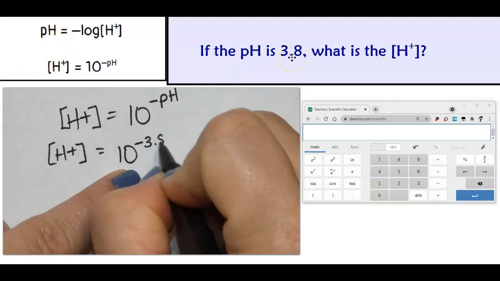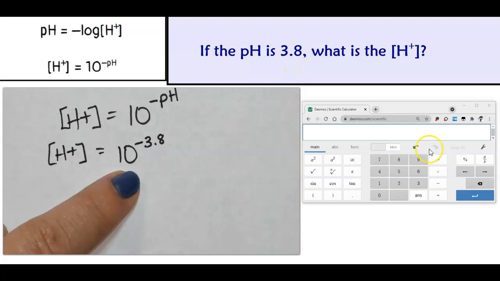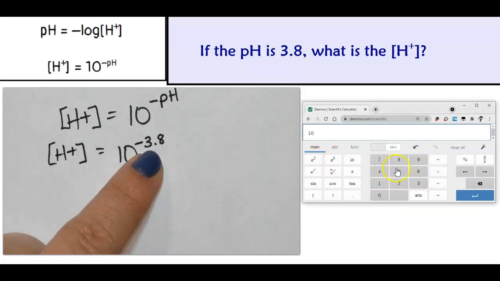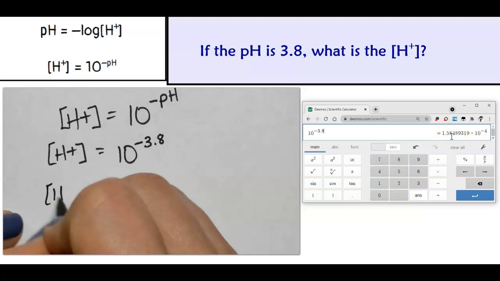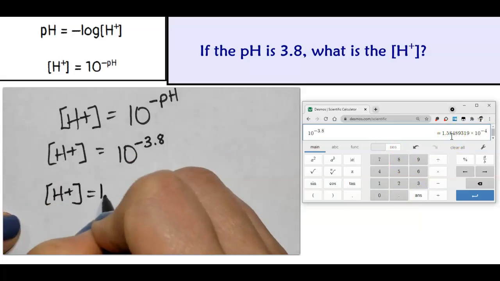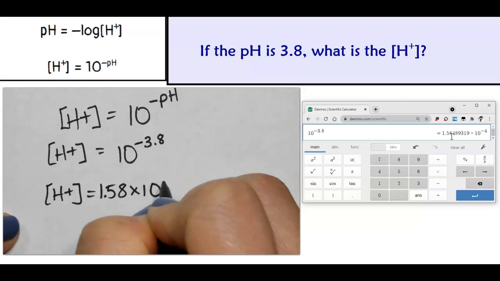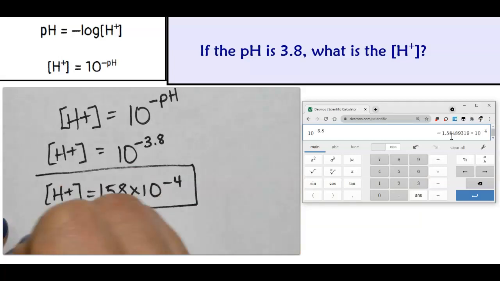So raised to the negative 3.8. So to type this in our calculator, we're just going to type 10 raised to the negative 3.8. And that gives us a hydrogen concentration of 1.58 times 10 to the negative 4.